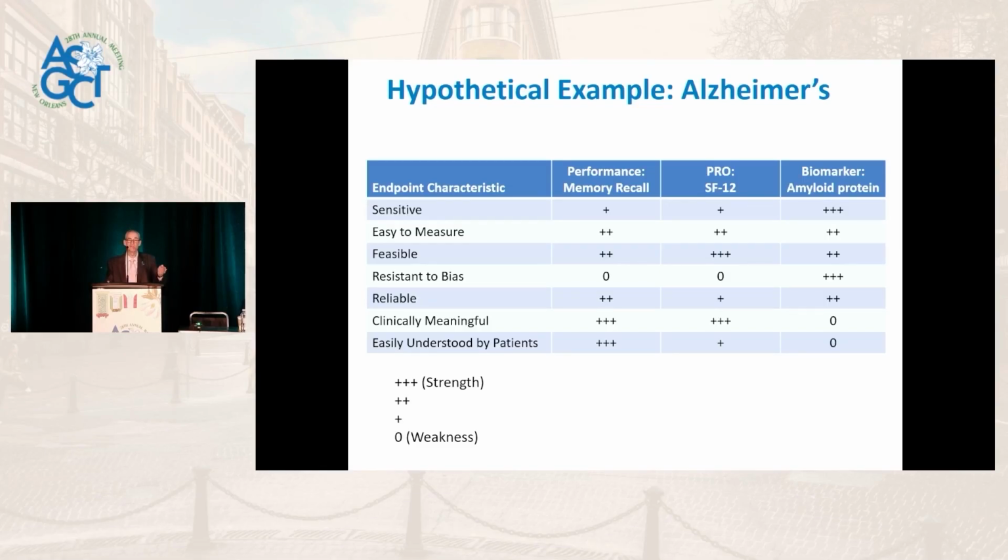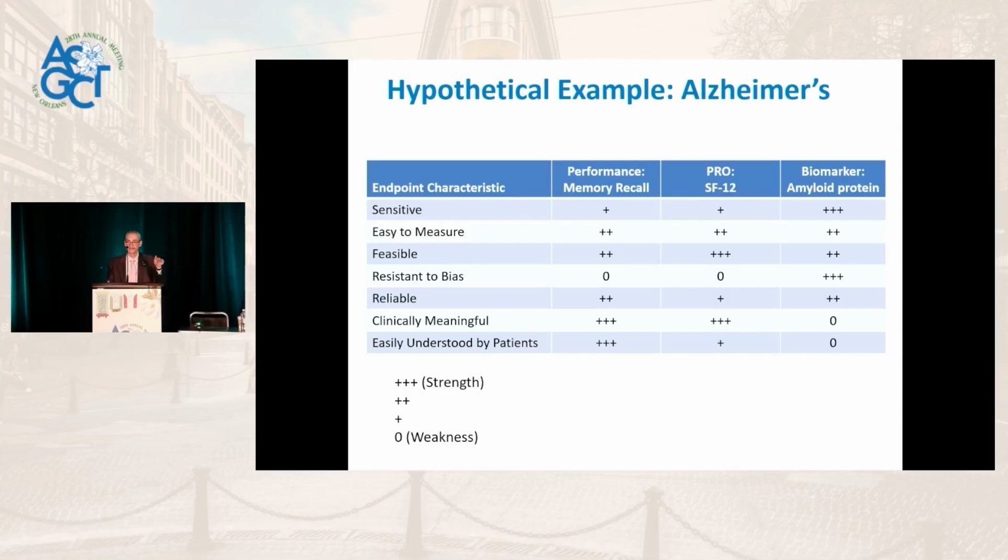First, memory. How well can you remember items? The next column, the SF-12, a patient-reported outcome. And next, measuring amyloid, measuring protein in the spinal fluid or in the brain, a biomarker or surrogate endpoint.